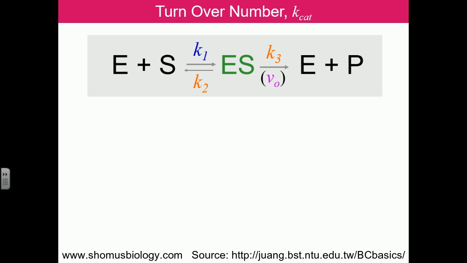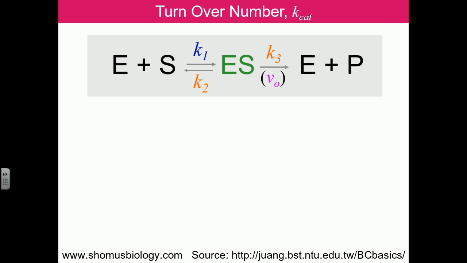Now if I look here, when the substrate concentration is at maximum, Km can be ignored. Let's say V0 equals Vmax in those cases of very high substrate concentration. And if you look at this equation, you will see when enzyme and substrate are converted to ES, or enzyme-substrate complex, it's a reversible process with K1 and K2 as rate constants.